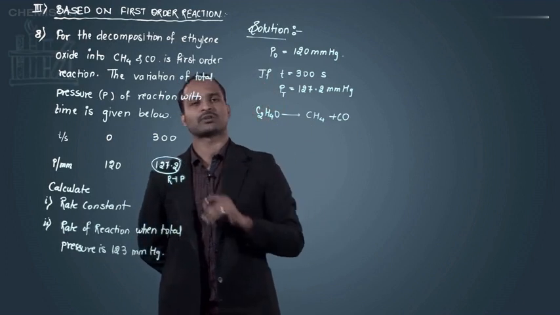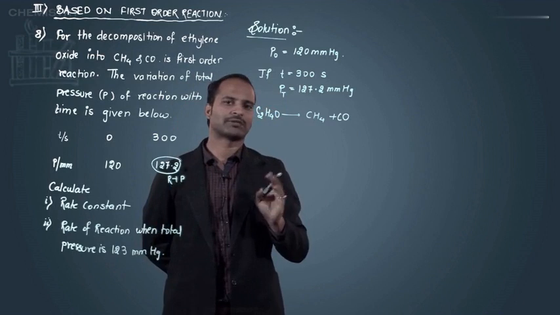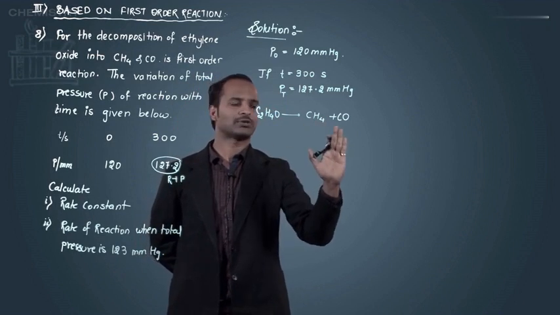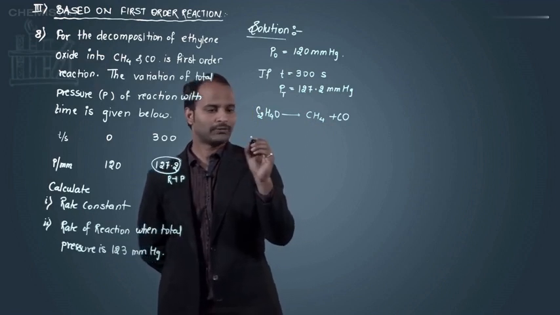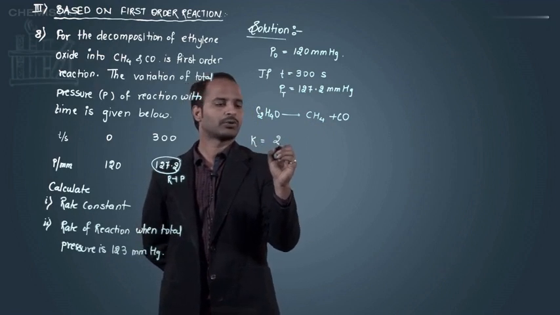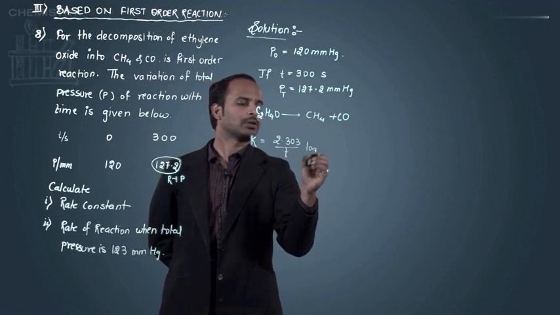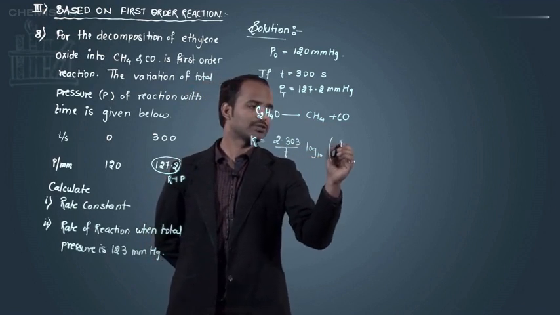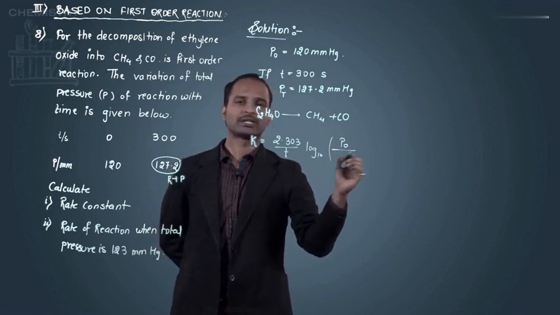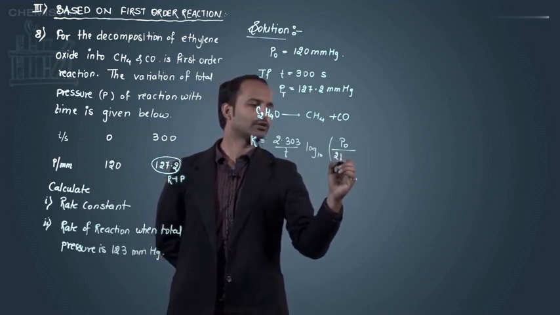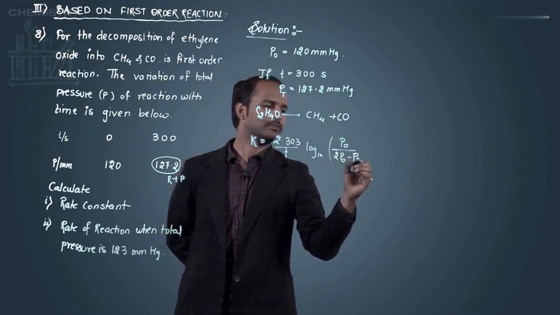And the question is based on pressure. So we just derived a formula that if the question is based on pressure and if there are only two products, then we use the formula K is equal to 2.303 upon T log to the base 10. It is in terms of pressure, so P naught upon, if there is 1 reactant, P naught minus X, which becomes 2P naught minus PT.